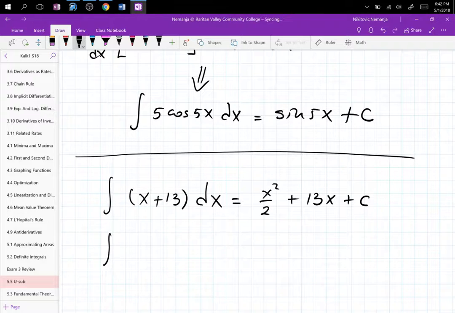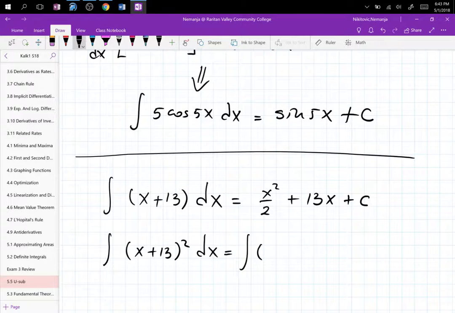The next one, I said, all right, let me make it a bit spicier. So I square this. You say, not an issue. I'm just going to FOIL this, right? And I said, okay, fine, you win. So you go x squared plus 26x plus 169 dx.